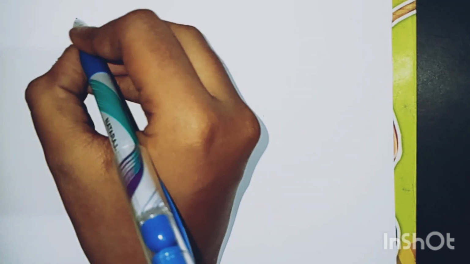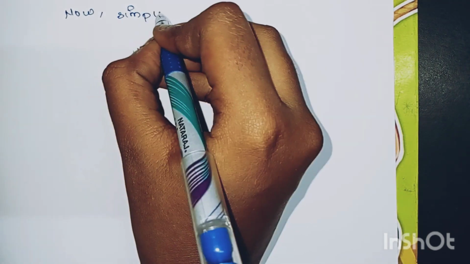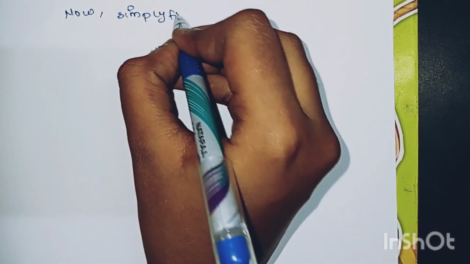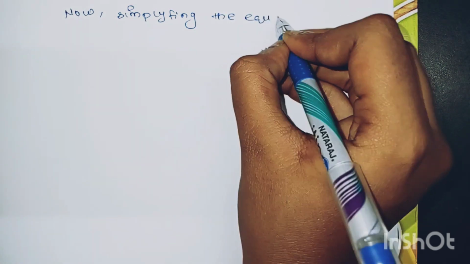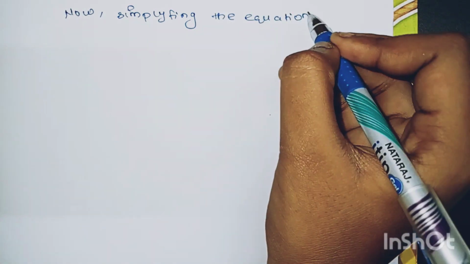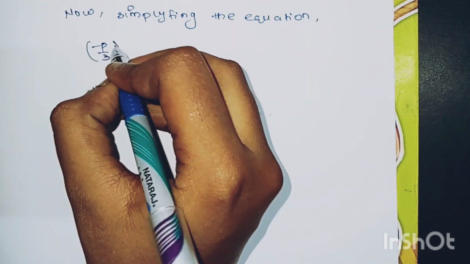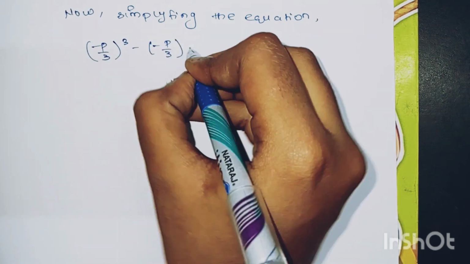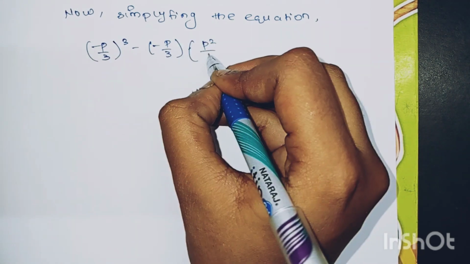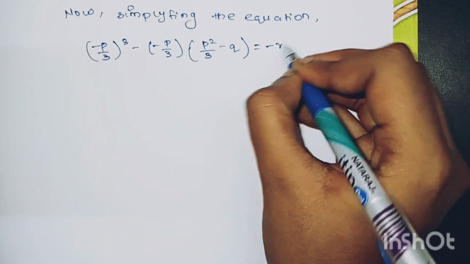Now simplifying the equation. Minus p by 3 the whole cube minus of minus p by 3 into p square by 3 minus q is equal to minus r.